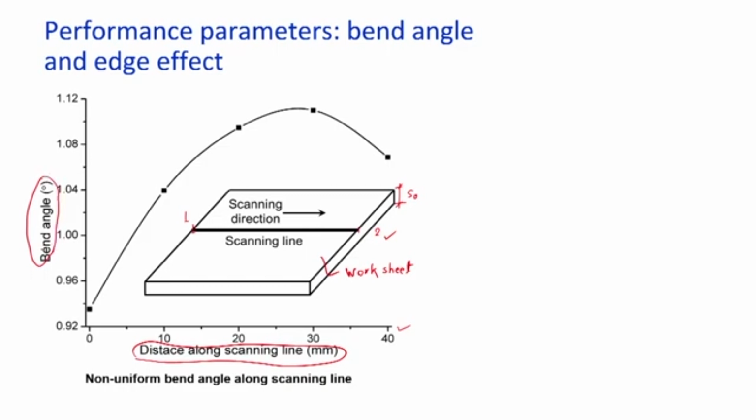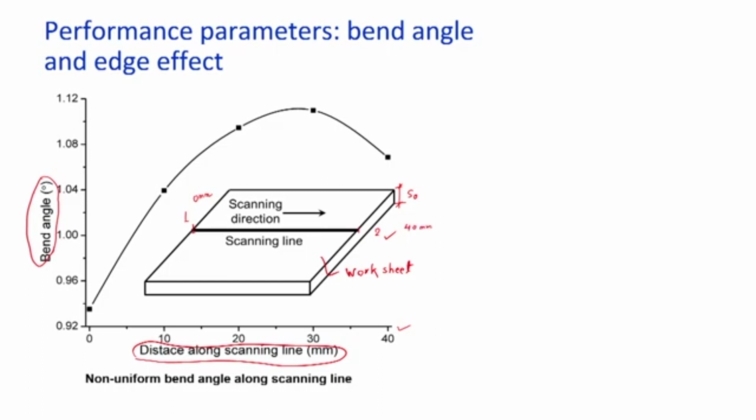So, the bend angle is varying with respect to the scanning line. When we plotted the bend angles from point 1 to point 2, point 1 is at 0 mm and point 2 is at 40 mm.